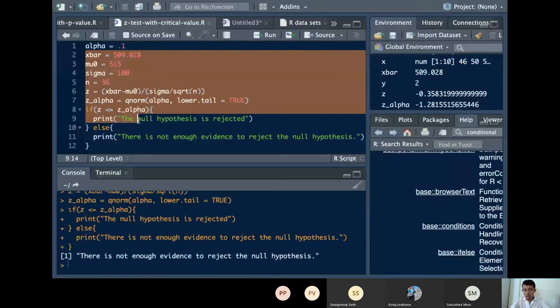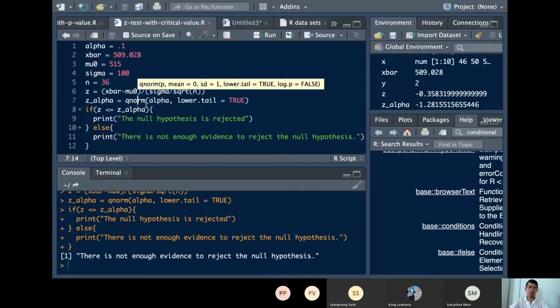Because R is free, the code can be written by using a series of commands, different from SPSS, where you only put in the number and then it generates a very nice result. But as I said, SPSS is not free, and sometimes it's not flexible. In R, you can write any code to reflect the real situation you want.